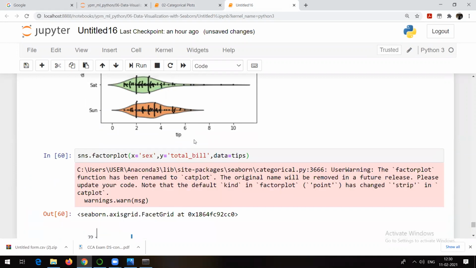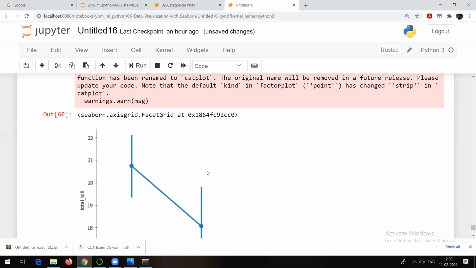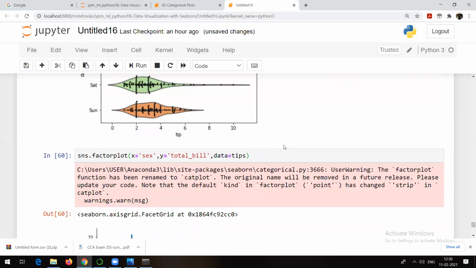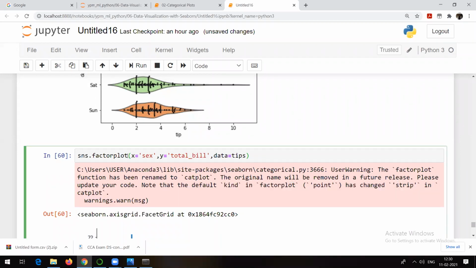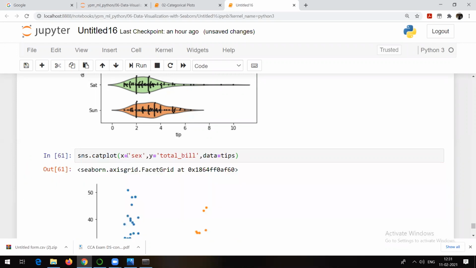Now if I do not mention anything and try to plot the graph, I'll get something like this. What they are saying is, note that kind in factorplot has changed, strip in catplot. They have changed the name to catplot. Instead of factor plot, it is called cat plot.